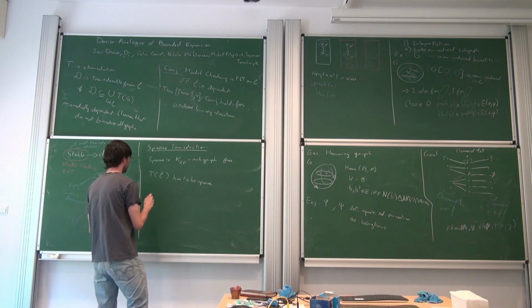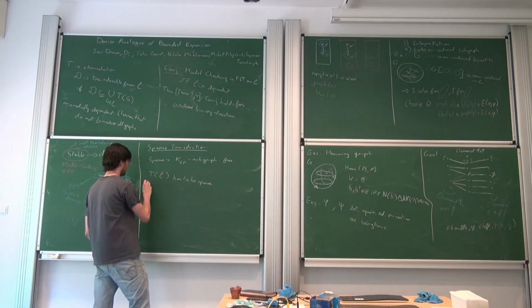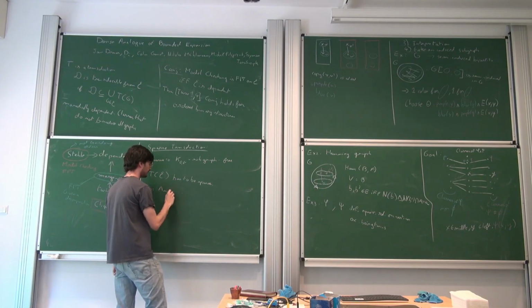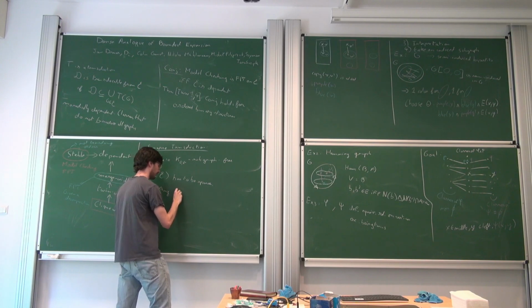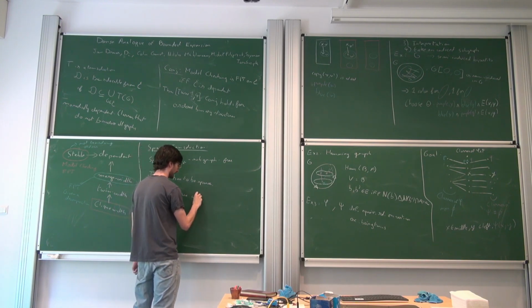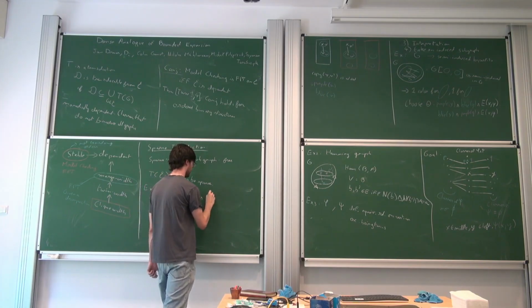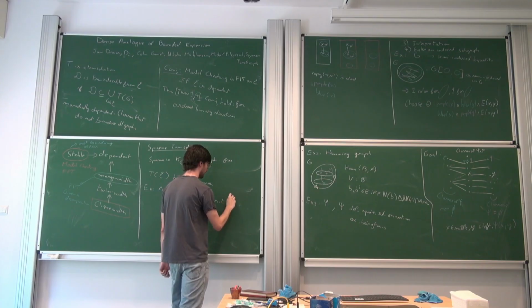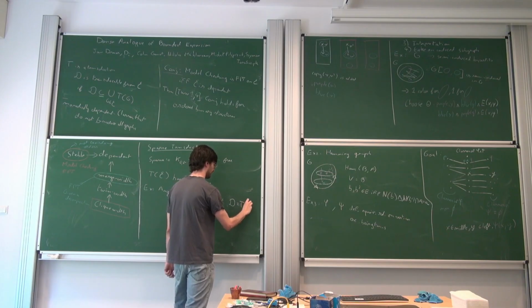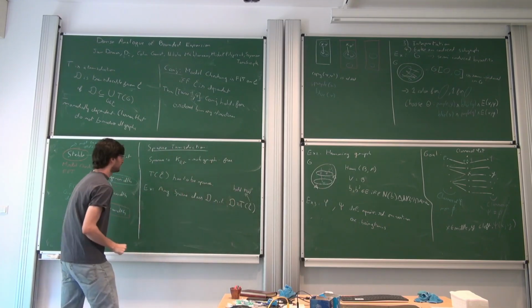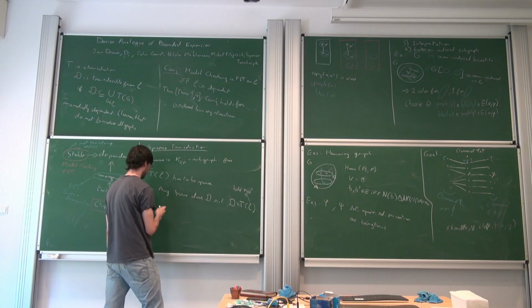So, for example, if you take any sparse class transducible from a class of bounded tree width, so it's T of C, and C has bounded tree width, it will have bounded tree width too.